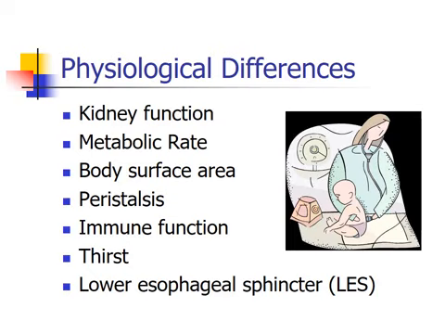And their thirst, they're not able to regulate, so they rely on parents and caregivers to provide fluids. And again, we'll talk about that as we go along. And then the lower esophageal sphincter muscle isn't fully developed. So this puts babies at risk for GERD or gastroesophageal reflux. So these are all physiologic differences that can contribute to fluid and electrolyte imbalance in infants and young children.